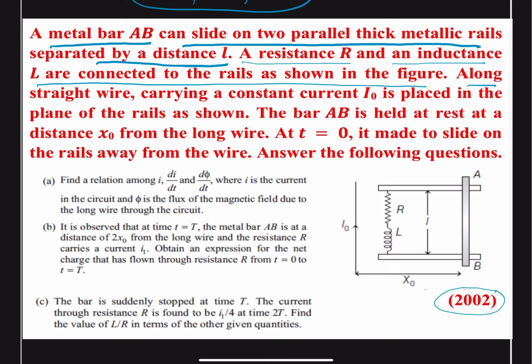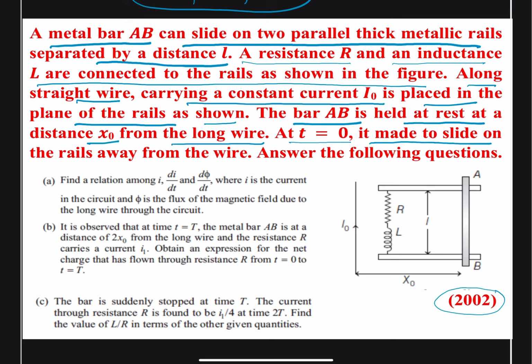A long straight wire carrying a constant current I0 is placed in the plane of the rails as shown. The bar AB is held at rest at a distance x0 from the long wire. At t equal to 0, it is made to slide on the rails away from the wire. So answer the following questions.